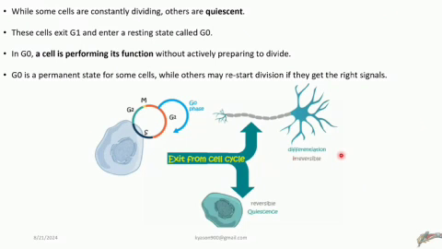Now, if you look at the cell cycle, we've described what happens in the G1 stage, in the S, G2, and in the M phase. But there is another silent phase that we've not talked about. It's called the G0 phase. This can also be called a quiescent phase.